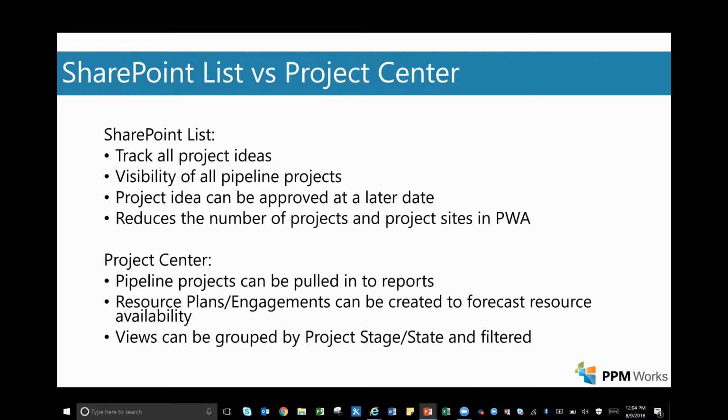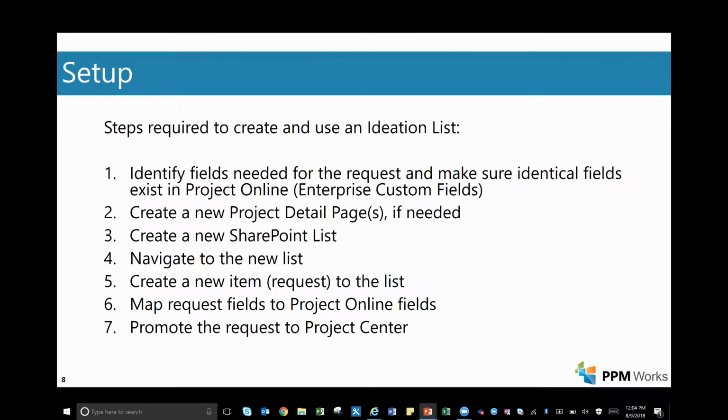So in order to have this wonderful ideation list, there are a few different steps you need to go through. First of all, we've got to identify any fields that we need for that project request, for that idea. And we have to make sure that those same fields exist in Project Online. You know, you go in and create your enterprise custom fields, as you're, I'm sure, already accustomed to doing.